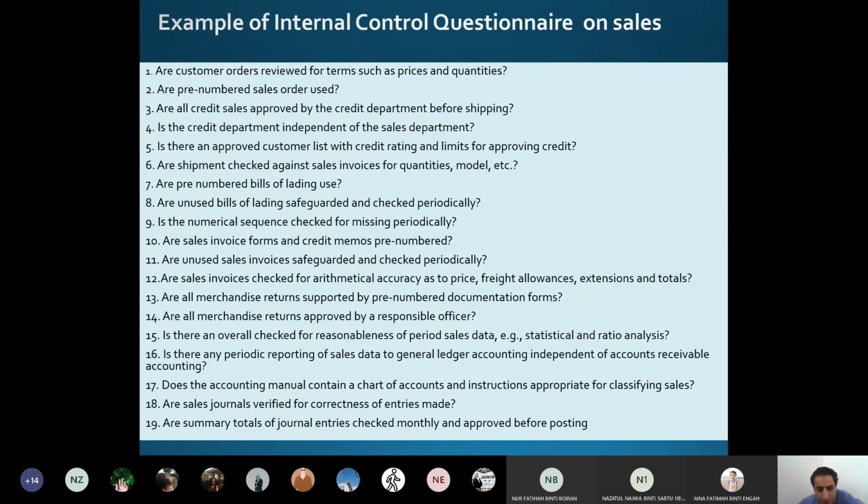If the company has an accounting manual, meaning a guideline for the general accountant, containing the chart of accounts, they can refer to this manual to ensure the classification of transactions. So if they have it, then for sure misclassification of transactions will happen less. Okay, number 18.